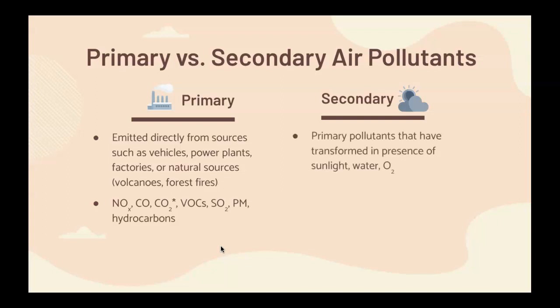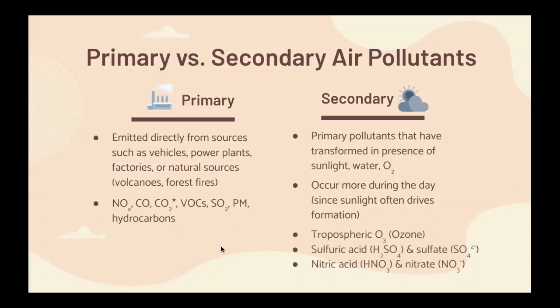Whereas our secondary pollutants, these are primary pollutants that have transformed either in the presence of sunlight or the presence of water or oxygen to become a secondary pollutant. And so most of the time our secondary pollutants occur more during the day because sunlight is one of the drivers of these processes.